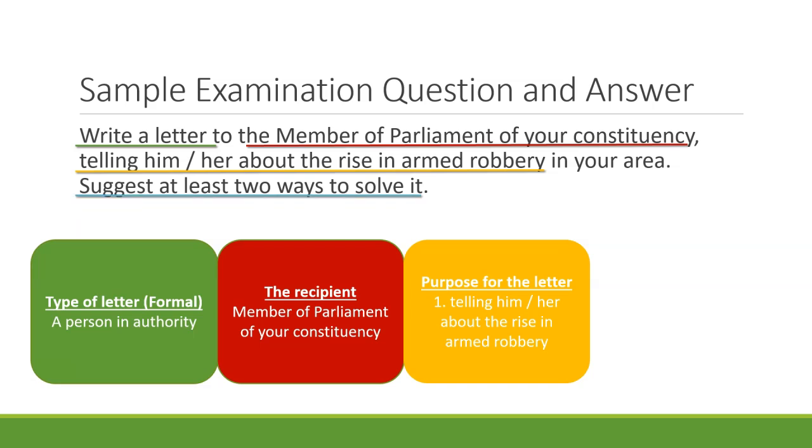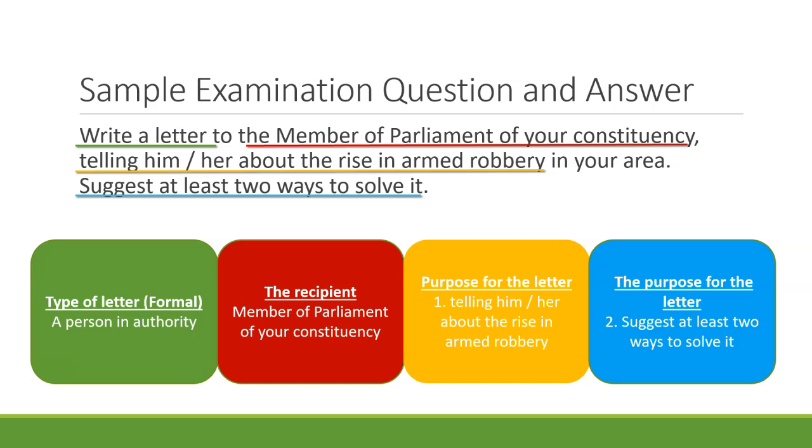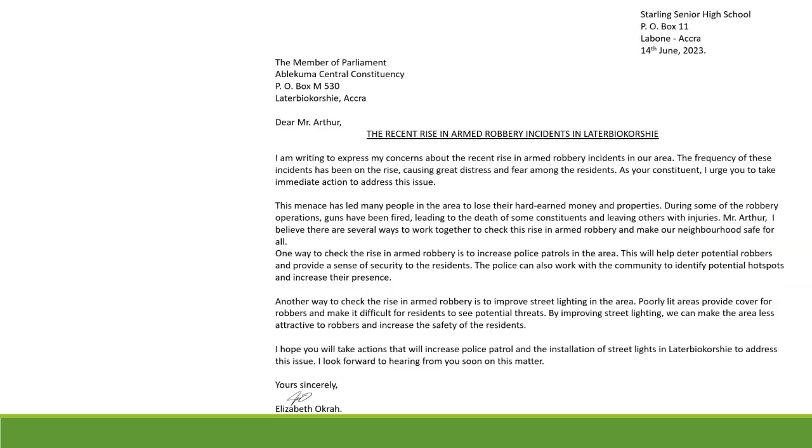And also, another purpose for this letter is to suggest at least 2 ways to solve it. So, in your letter, make sure that you have addressed the purpose for it. That is 1 to talk about the rise in armed robbery, and 2 to suggest at least 2 ways to solve it.